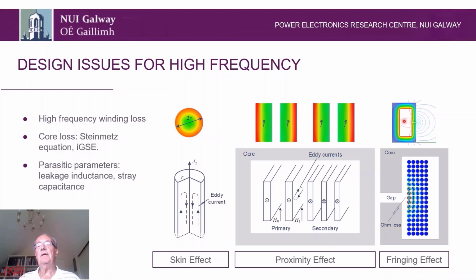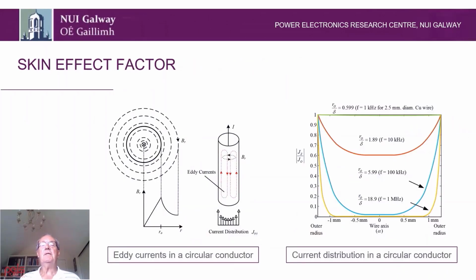And then the third possibility is the fringing effect. The unusual thing about this is that it's really an interaction between the gap in the core of the transformer and the nearby windings. So again, now let's take a closer look at these. We'll start with the skin effect.